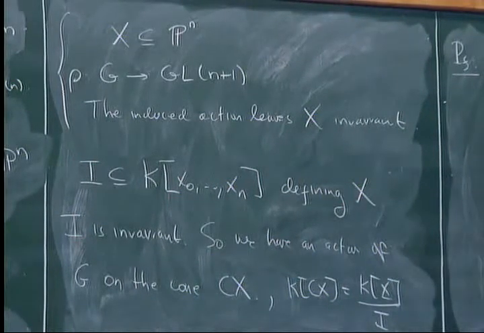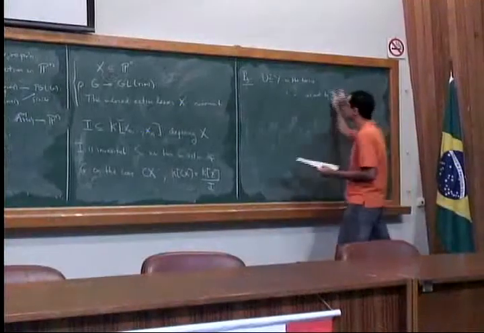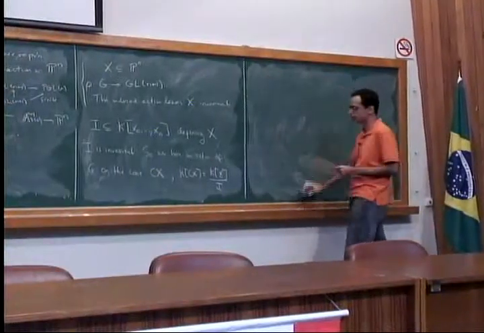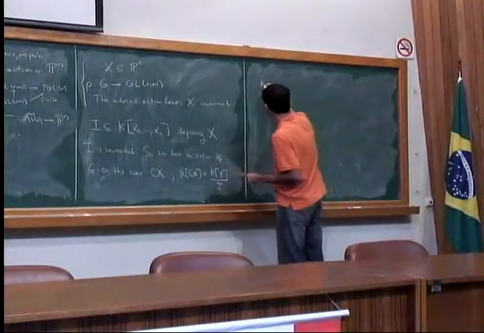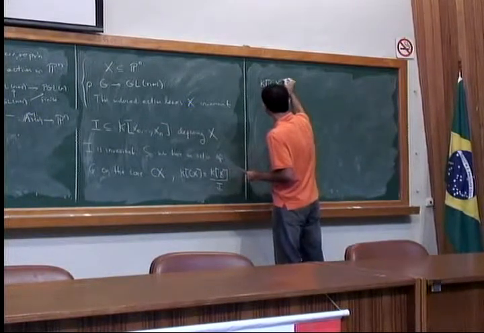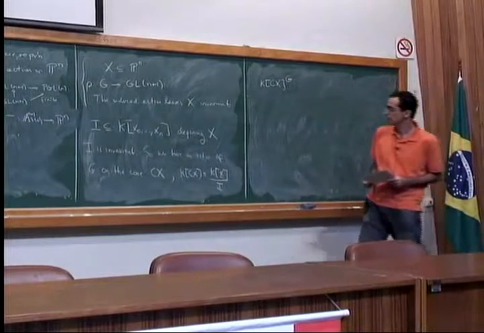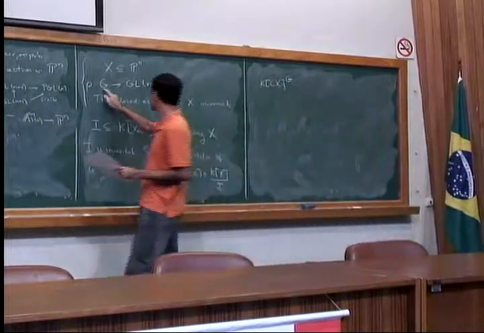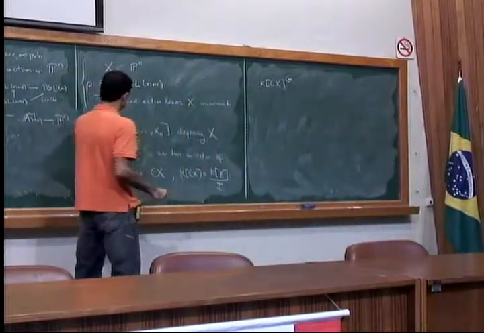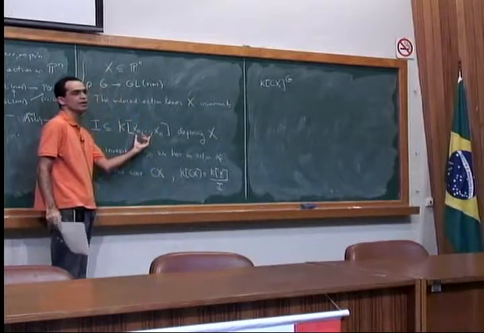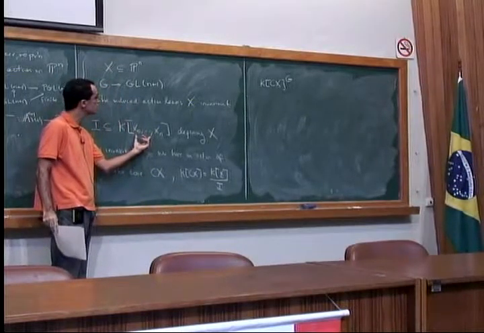Okay? So now that we have an action on an affine variety, we can look at the quotient using the theorem we have already proved. The quotient has a ring of functions, this, right? And since the action is linear, when you act on forms of a certain degree, you get forms of the same degree, right?